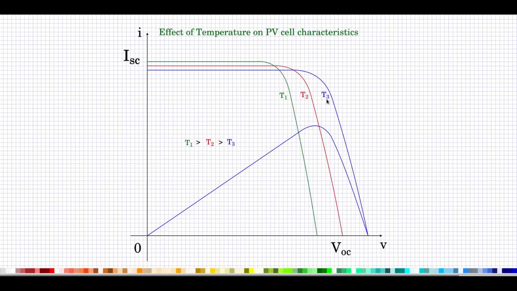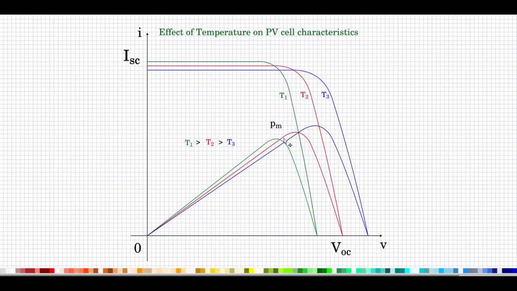Now looking at the power curve, this is the power curve for the T3 curve, and this is the peak power that the cell is capable of giving at temperature T3. Now at temperatures T2 and T1, the corresponding power curves are like this, and you see that the peak powers are decreasing.